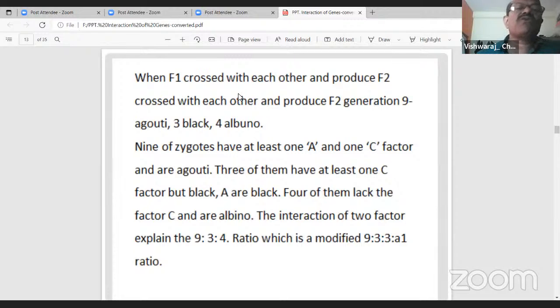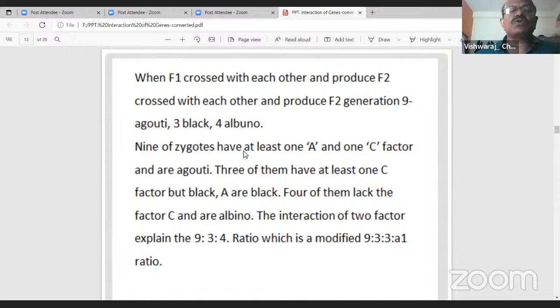When F1 are crossed with each other and produce the F2 generation, we get 9 agouti, 3 black, 4 albino.